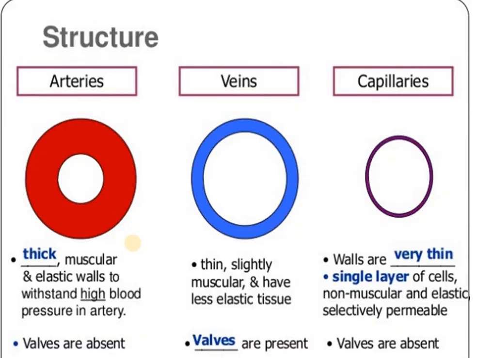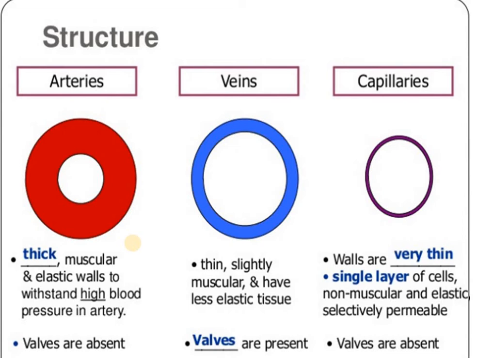Here again, I have summarized the structure of arteries, veins, and capillaries. You can see that arteries have thick, muscular, and elastic walls, and they can withstand high blood pressure. Valves are not present here, the same as with capillaries, where valves are absent. Veins have thin, slightly muscular walls with less elastic tissue, and valves are present.